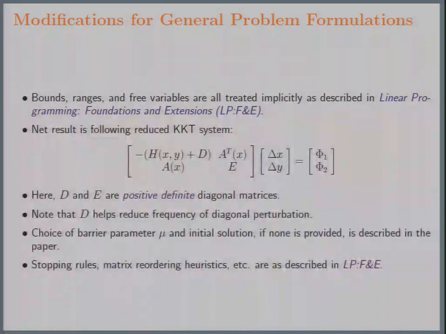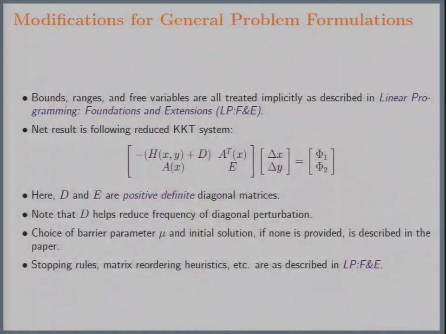Well, let's see. I showed you a printout of a run of my code that indicated that my code handles problems that have bounds on the variables, ranges on the constraints, free variables. These things are all treated implicitly. So in other words, I modify the algorithm to accommodate those things as they are rather than reformulating a problem into a standard form.